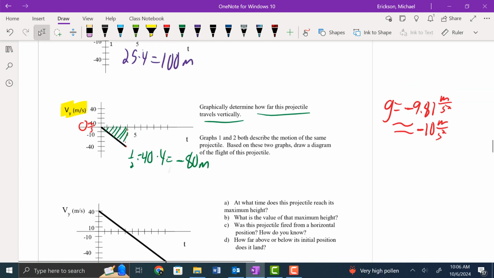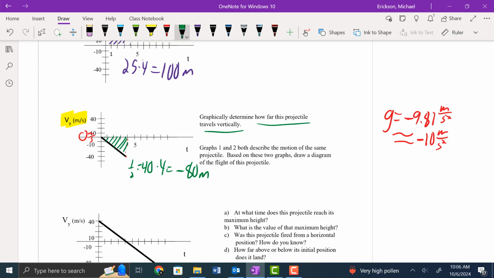So let's say graphs 1 and 2 both describe the same projectile. They want us to draw what this object's doing. And so I'm just going to make a drawing. So don't worry about position, time, whatever. So this object is going to start off going horizontal, and maybe that's too horizontal, but he's going to start off with no vertical velocity, but it's going to increase to negative 40 meters per second.